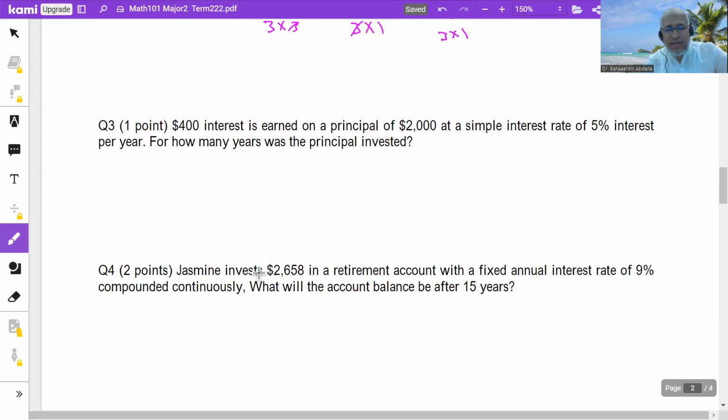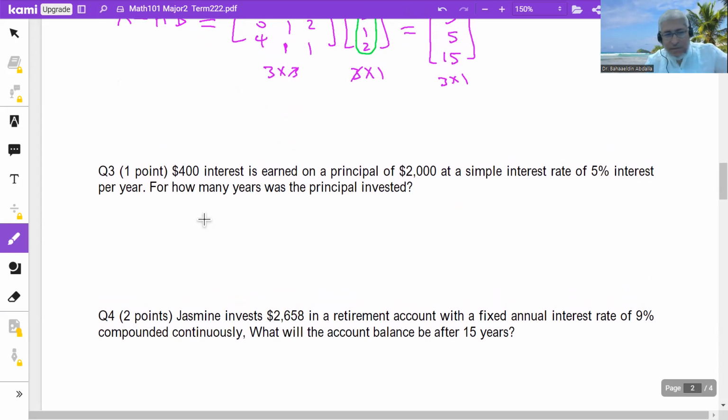Now $400 interest. So this is the interest. This amount is the interest earned on a principal, that's P. So the principal is 2,000 and the interest is I, $400 at a simple interest rate. So we need to use the formula of the simple interest.